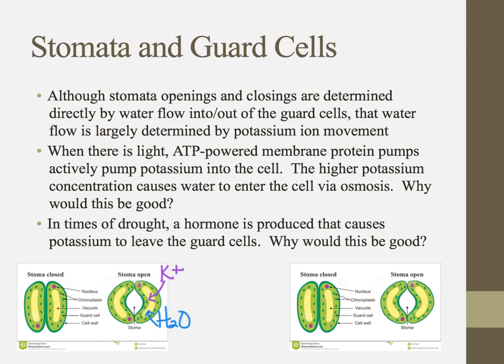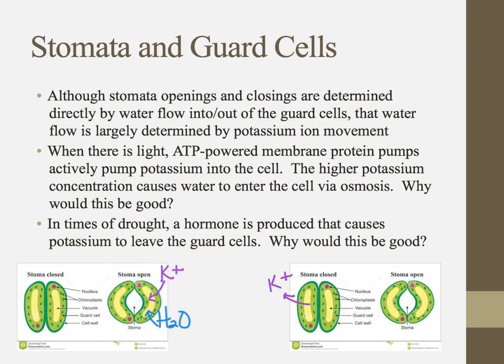Then this turgor pressure gets exerted on the cell, making it this jelly bean type shape and opening up the stomata. In times of drought, plants are going to produce a hormone that causes potassium ions to leave the cell. So this is a hormone action here.